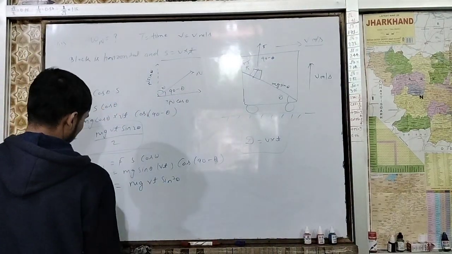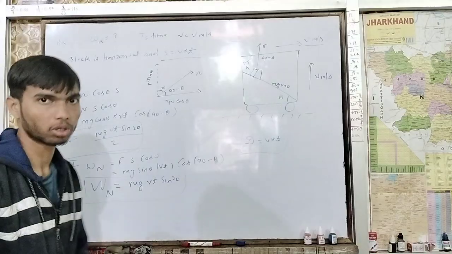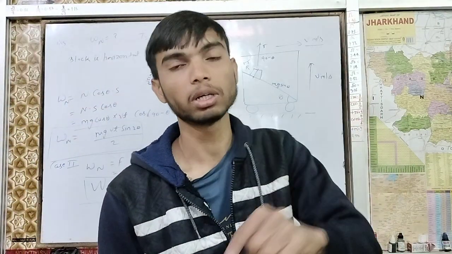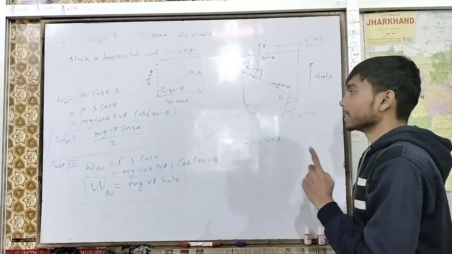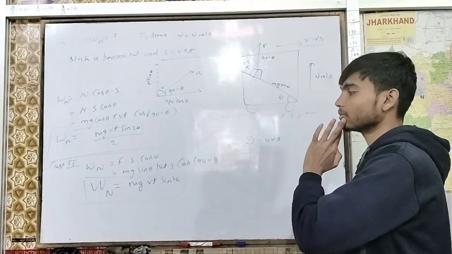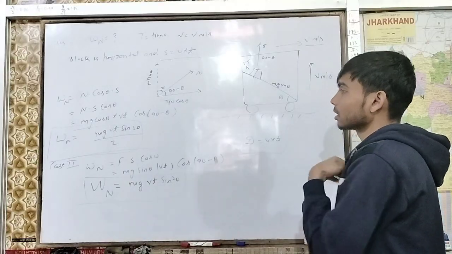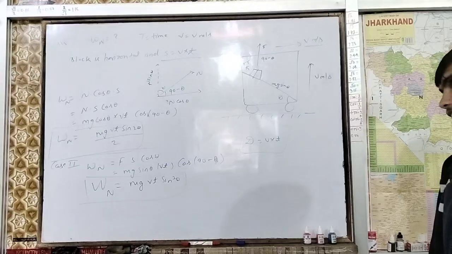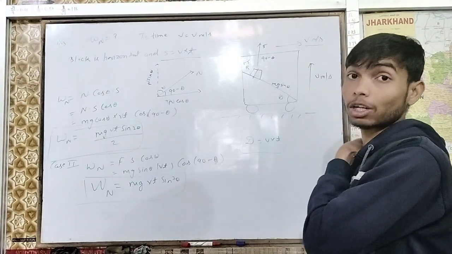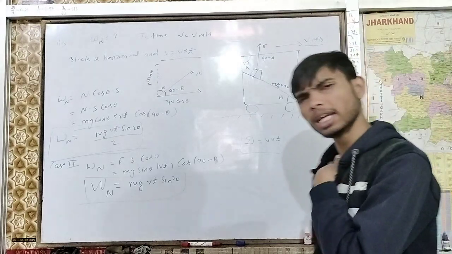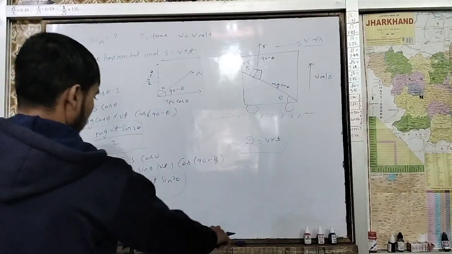These two equations we will use according to the situation. If the situation says there is a block which is going upward inside another object, then we use mg vt sin square theta for the work done by normal reaction. If the object is going horizontally inside another object, then the work done by normal reaction will be mg vt sin 2 theta upon 2. These two equations we will use.